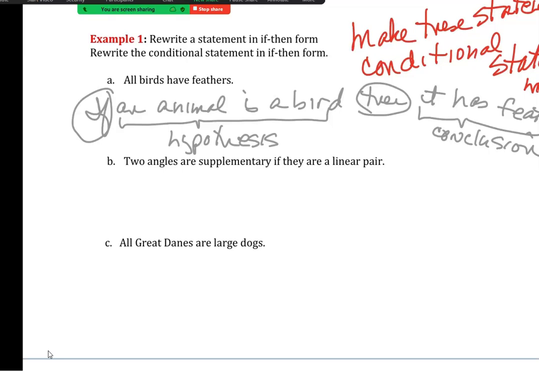Okay, two angles are supplementary if they are a linear pair. How can I take that information and make it into an if-then statement?